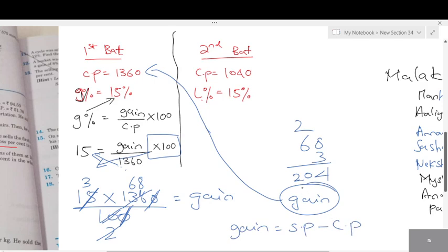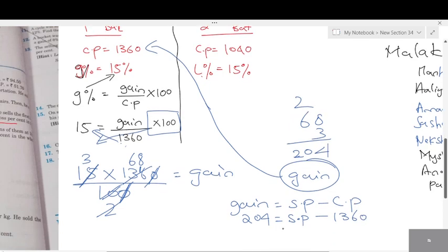What is the gain we got? Selling price, I'll keep as it, minus the cost price, 1360. Now, if I want to find selling price, what happens to this 1360? If it goes to the other side, plus. Can you see we are able to find selling price?